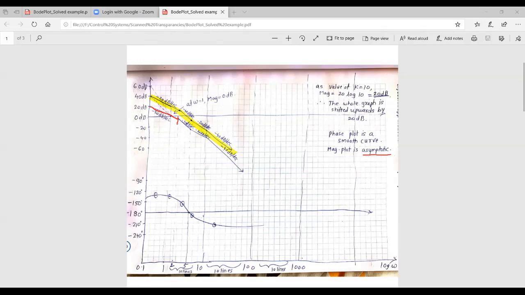Same is the case with this. This would have continued up till infinity, but this factor started contributing at 5, the next corner frequency. That is why there are corners in your magnitude plot, and that is why it is known as the asymptotic plot.